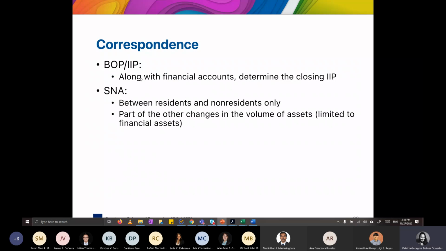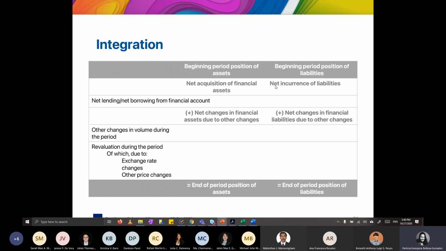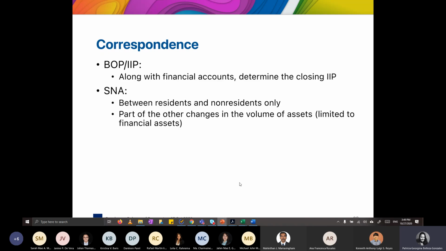So along with the financial accounts, it determines the closing IIP. From another perspective, instead of the difference, if you add the two, you will be able to calculate the position of the assets for the ending or closing IIP. Then again, the SNA also has an other changes in volume account and the revaluation account.